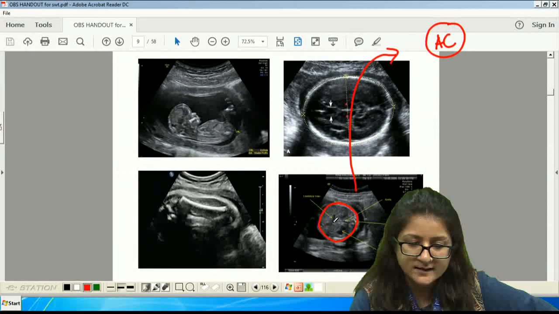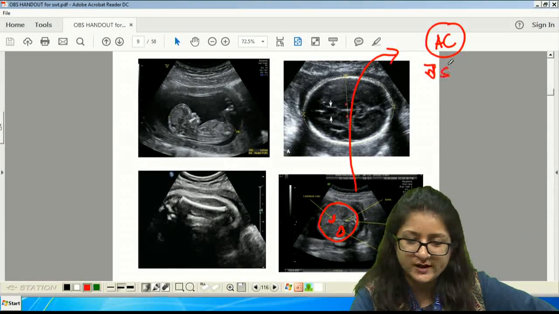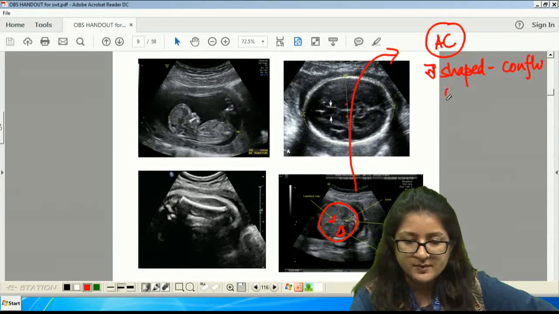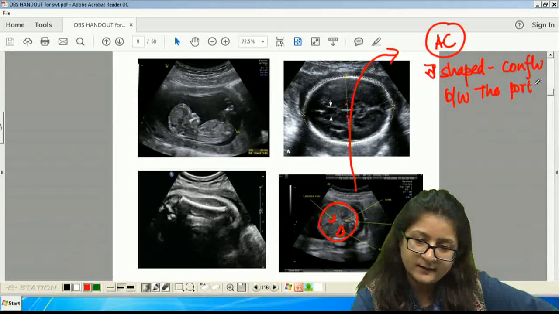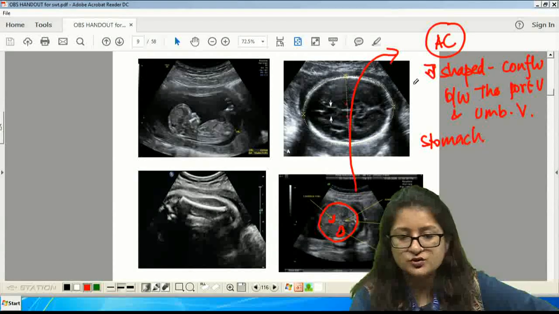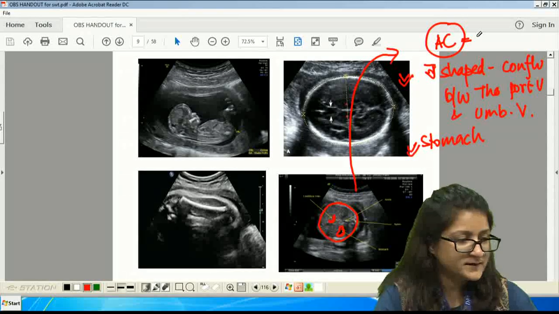In this, we see this J-shaped area, which is the area of confluence between the portal vein and the umbilical vein in the fetus, and this round structure, the stomach. These two structures are seen in the plane in which the abdominal circumference is measured.